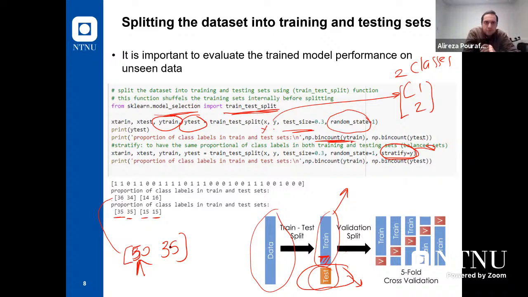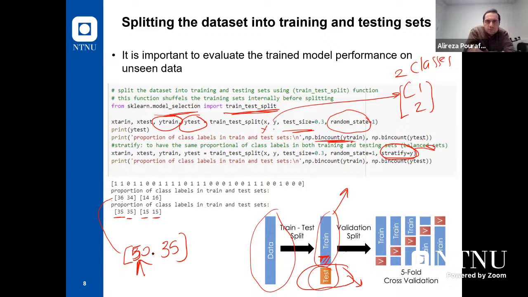And the model, we have two classes, class 1 and class 2, for example. And in the training set, maybe the Norwegian applicants are more represented than foreign people. So their chances to get the job will be much higher because the model will be biased towards the class which is more represented in the data set.